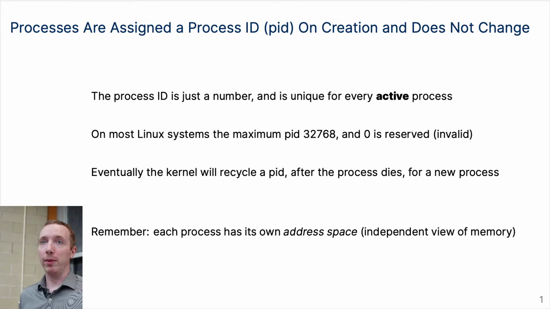And then remember what we saw when we looked at processes, just to give a name to it. So every process operates in its own address space, and that's its own independent view of memory. Because again, remember, processes have this isolation. Every one is independent. Each process thinks it has all of the memory available. So all of the memory available to a specific process is its address space, and it is unique.